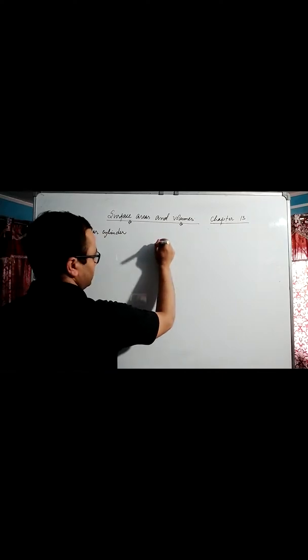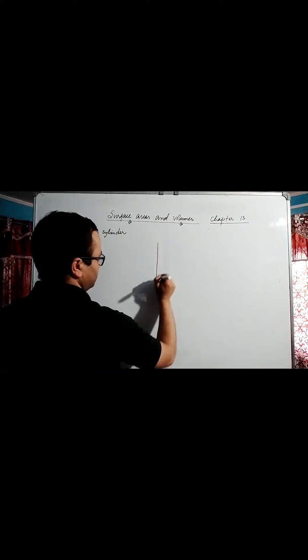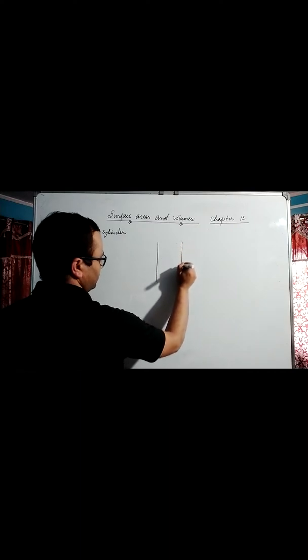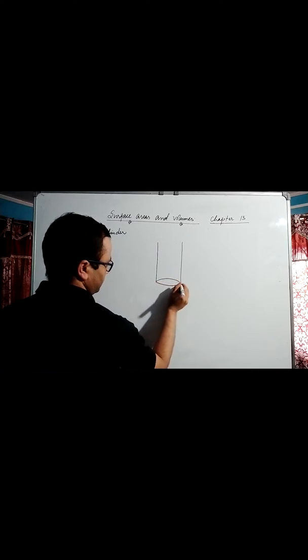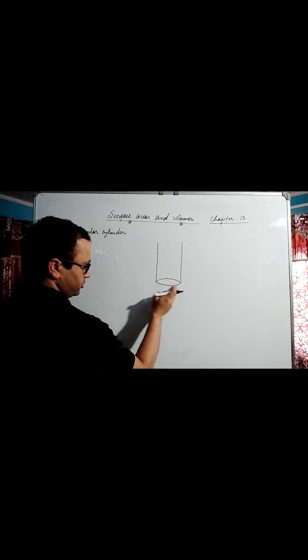Right circular cylinder means it is a solid which has a uniform cross section. Cross section means this circular part is the cross section.